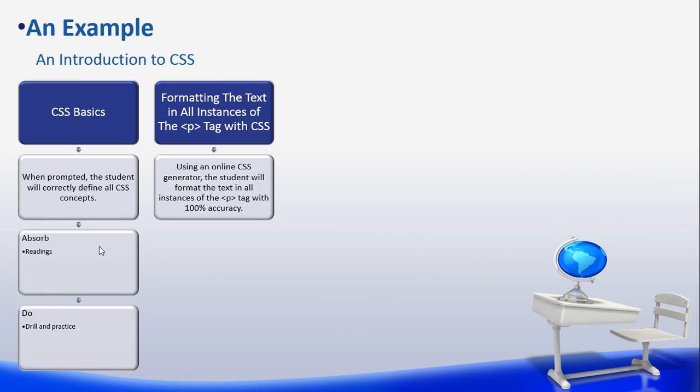So using an online CSS generator, the student will format the text in all instances of the P tag with 100% accuracy. And I'm using the highest level of accuracy because if you know a little bit about CSS, you know that if you miss a semicolon, if you miss the bracket, if you have a typo in one of the properties or selectors, the browser is not going to display the information the way you intended it and you got it wrong.